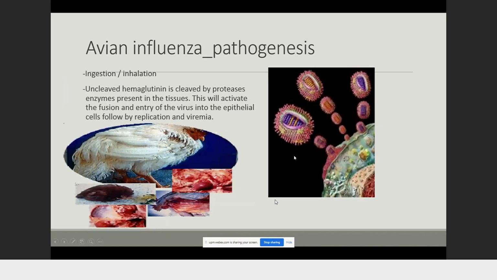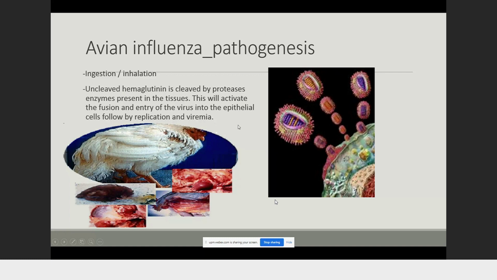In terms of pathogenesis of avian influenza, the mode of infection is via ingestion or inhalation. It's not only by inhalation, because remember, as I said just now, avian influenza also has receptors in the GIT as well as in the nervous system.